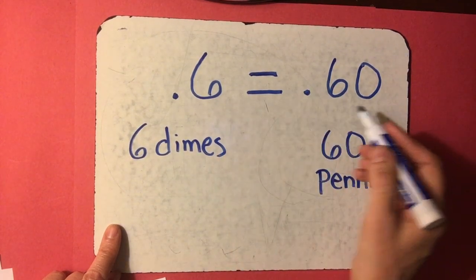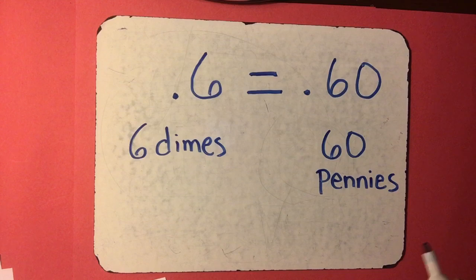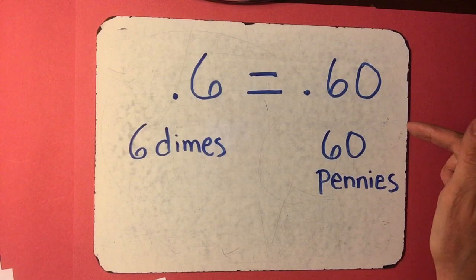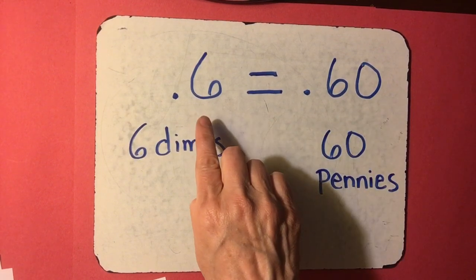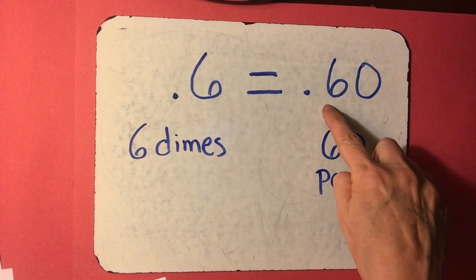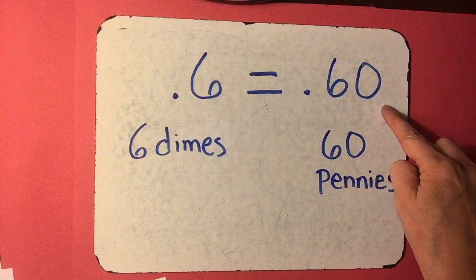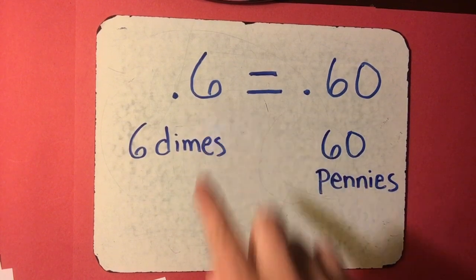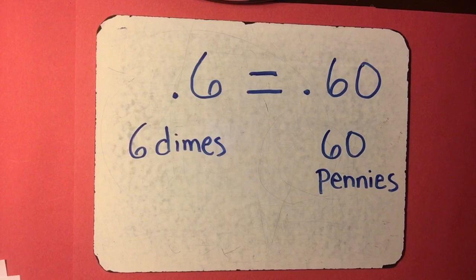So these are equivalent, and I just want you to keep that in mind as we move forward into this unit, because this can get a little bit confusing. Because if you're just looking at these as 6 and 60, you would say, hey, 60 is bigger. But remember, this is not 60. This is 60 1/100ths, and this is 6 tenths. So it's all about the place value, right?